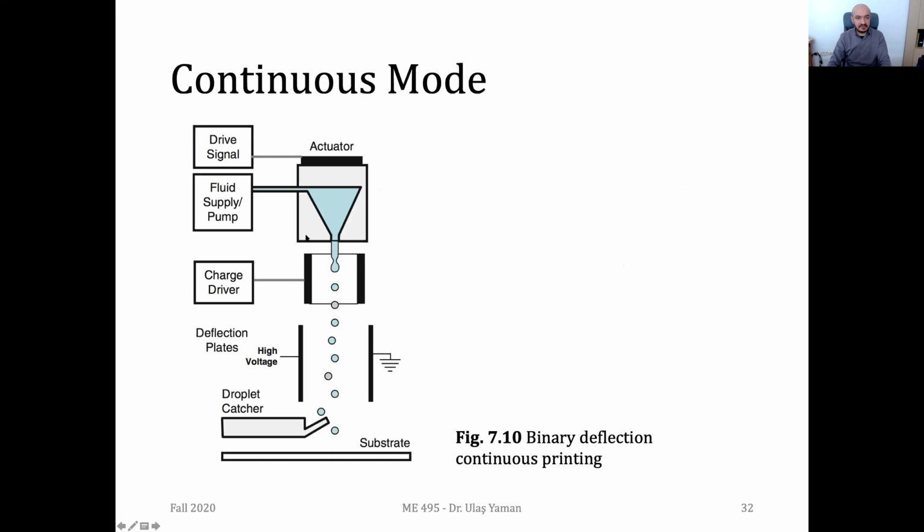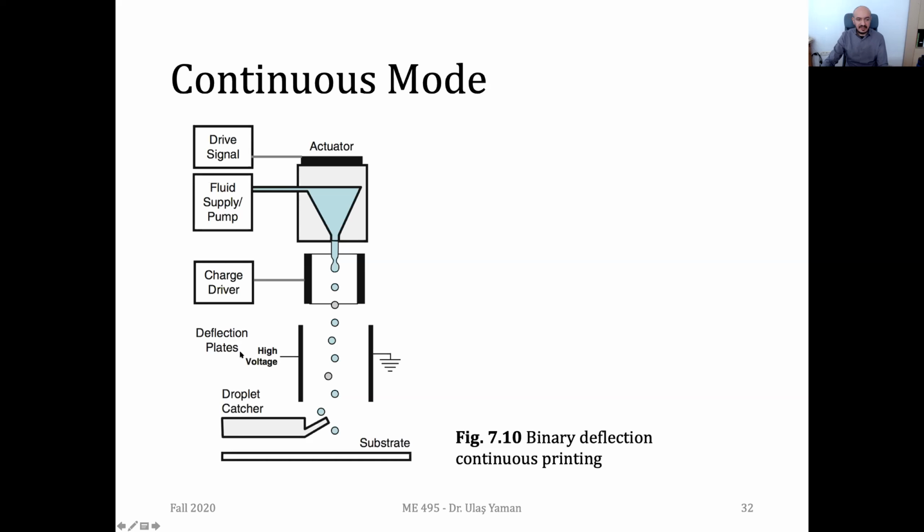Here's the thing, actually, in this continuous mode, you'll see we have the continuous supply of liquids with the help of a pump. And then we have our actuator. It can be any actuator, a thermal actuator, a mechanical actuator. And then, as you see, a continuous liquid supply column is generated here. But inside this charge driver, we need to have drops generated.